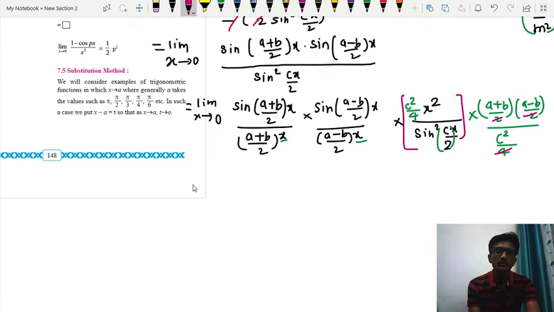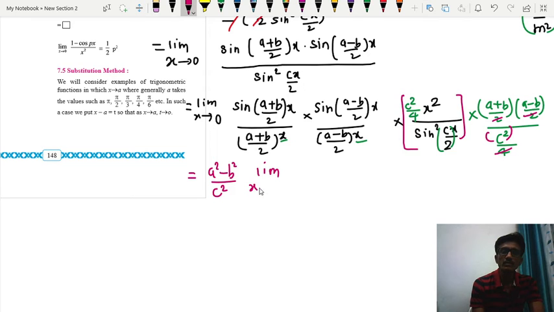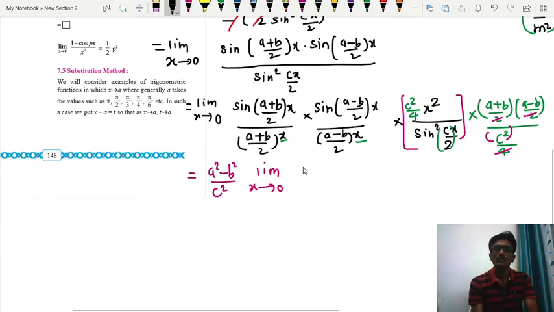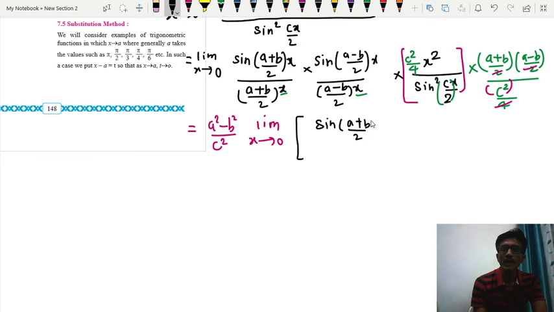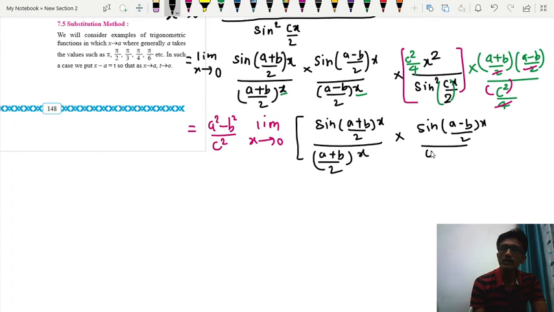So we are writing it as a square minus b square upon c square, limit x tends to 0 of sine (a plus b)x upon 2 upon (a plus b)x by 2, into sine (a minus b)x upon 2 upon (a minus b)x upon 2, into (cx upon 2 by sin cx upon 2) whole square.